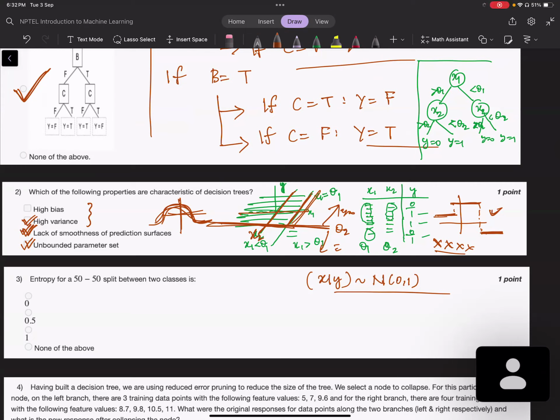So let's go to question number 3. I think question number 3 is just a direct question, and you can answer it correctly. You just have to put in the formula and get the answer. Try question number 3.